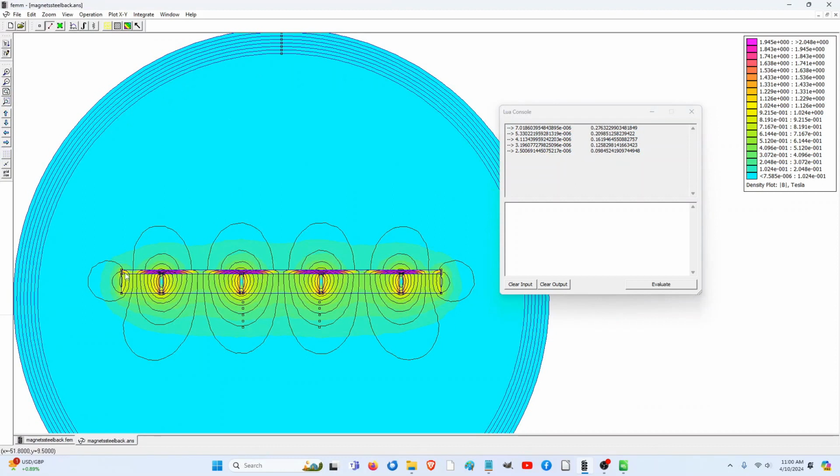I made the model as a piece of steel, and then the magnets underneath with varying polarity, and I went a magnet and a half in either direction from the center one in order to make the magnetic field somewhat uniform. And this is only a 2D simulation, so it's got its limitations, but it's better than nothing.